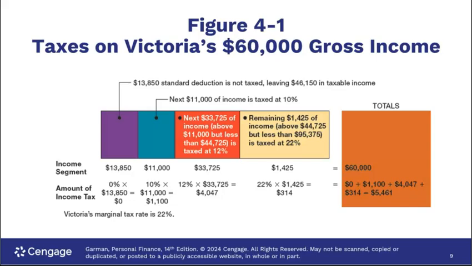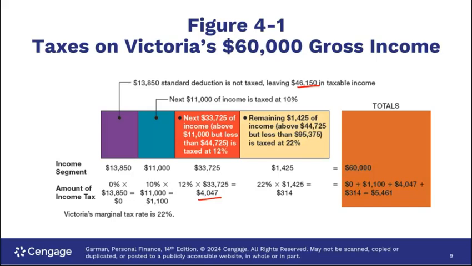So we subtract the $13,850 to get the amount of taxable income. So that's $46,150. Then there's $1,100 tax on the first $11,000, and then $4,047 on the next bracket, the 12% bracket.